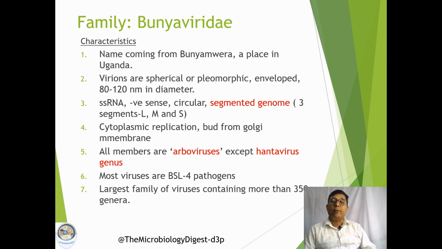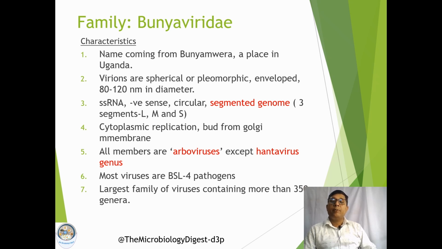Next family is Bunyaviridae. The name of this family comes from a place in Uganda, Bunyamwera. Virions are spherical or pleomorphic and enveloped. The genome is single-stranded RNA, negative sense, circular, and segmented. Three segments are present: L, M, and S. It replicates in the cytoplasm, budding from the Golgi membrane.